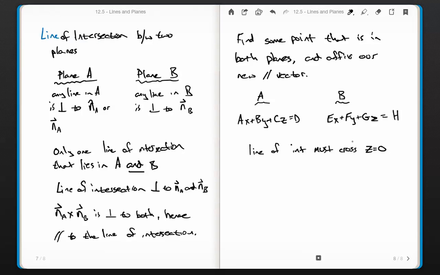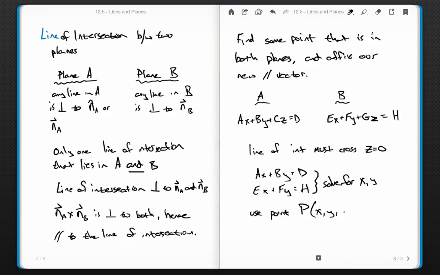Right? So now I can say ax plus by equals d, and I can say that ex plus fy equals h, and I can solve these two for x and y, and I can use point P, and I can get x, y, 0.